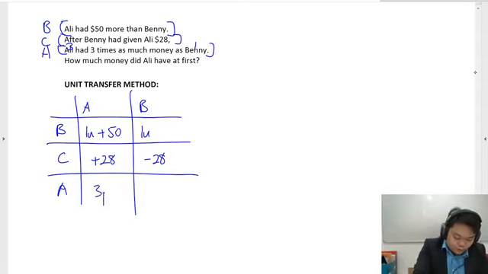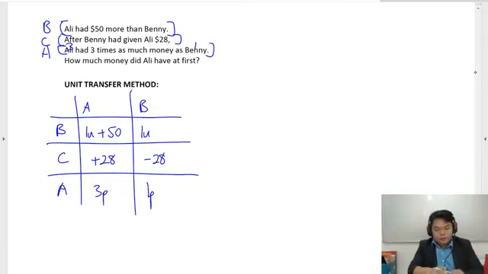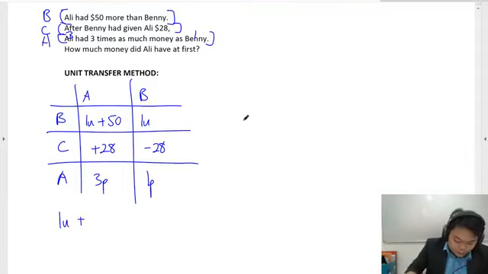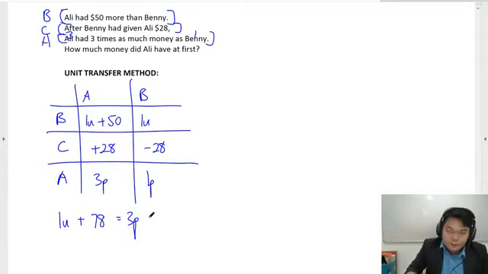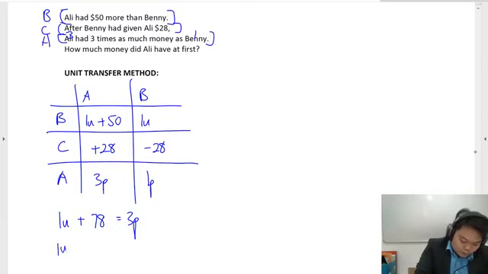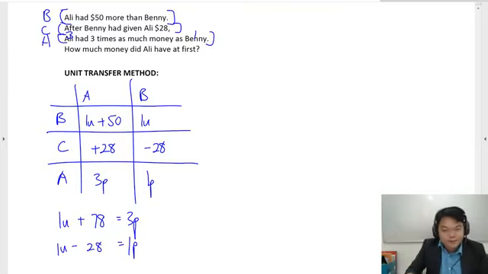So now you would have blocks of different lengths. We have to call these parts instead. Once we have written everything out, we can see that there are 2 statements that can be formed. 1 unit plus 50 plus 28 will give us 1 unit plus 78, which is 3 parts over here. Then the next one would be 1 unit minus 28 is equal to 1 part.